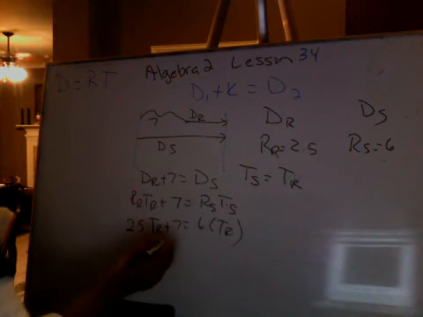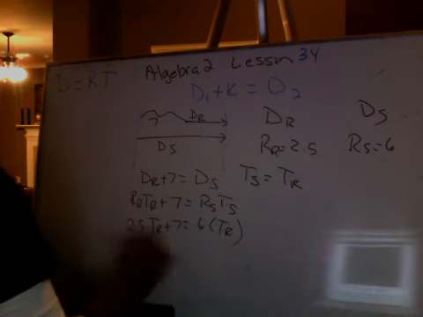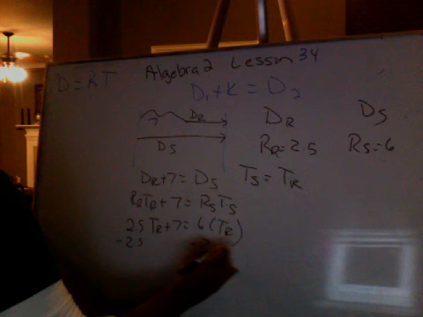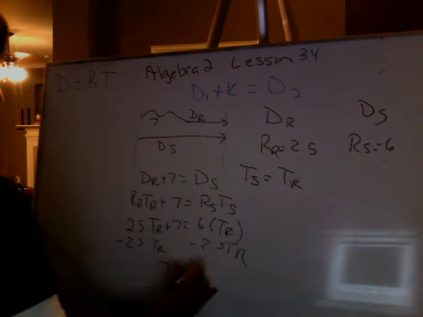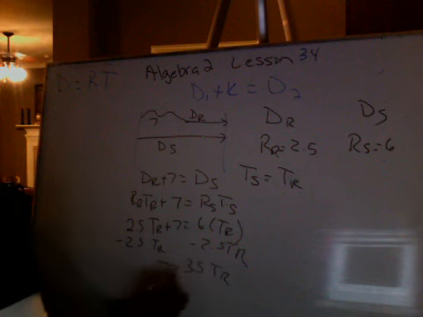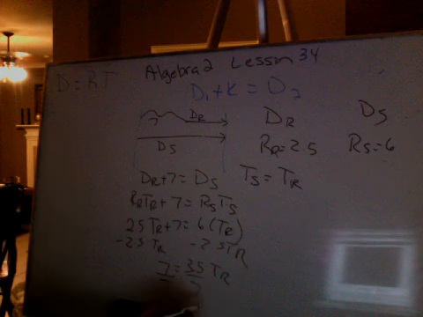So then I'm simply going to subtract 2.5 T of R from both sides. We get 7 equals 3.5 T of R. Divided by 3.5. And I'm going to cheat here.